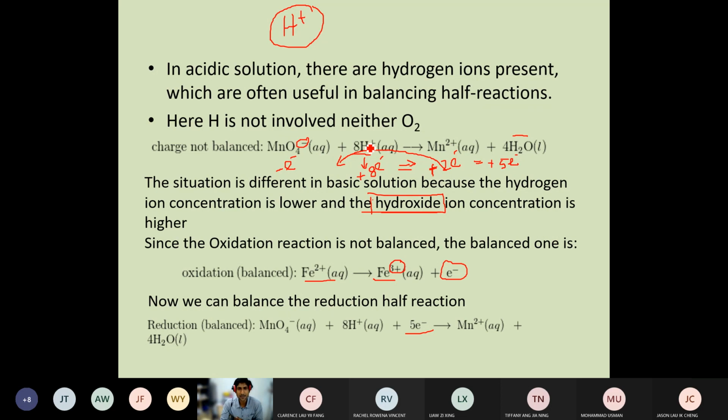Otherwise, when this water is forming, these electrons are getting the electrons that have been provided to it. And now we have to show that it is taking 5 electrons, and only then it is happening in this way.